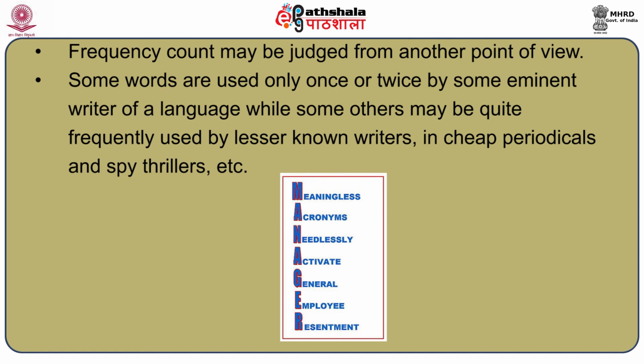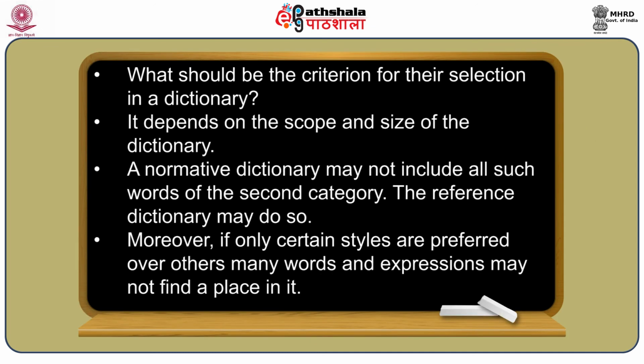Frequency count may be judged from another point of view. Some words are used only once or twice by some eminent writer of a language, while some others may be quite frequently used by lesser known writers, in cheap periodicals and in spy thrillers also. What should be the criterion for their selection in a dictionary?